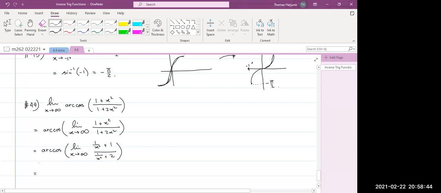Then you bring the x goes to infinity, which will give us arcus cosine of (0 plus 1) over (0 plus 2). That's cosine inverse of 1/2. Now, what will that be? π/3.